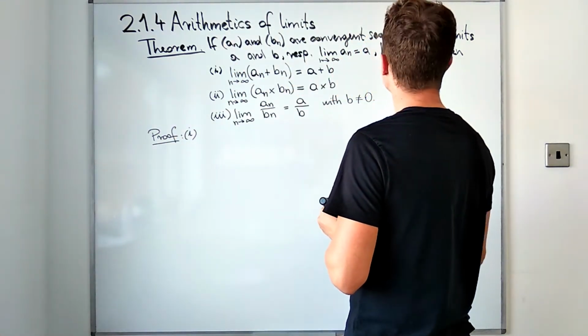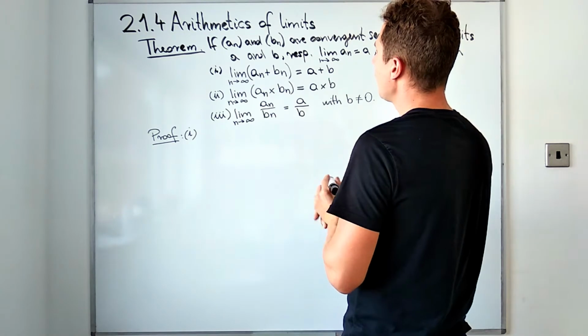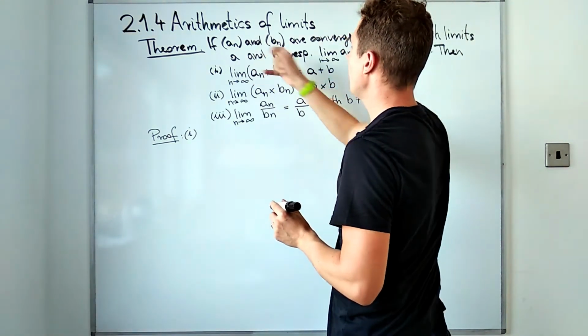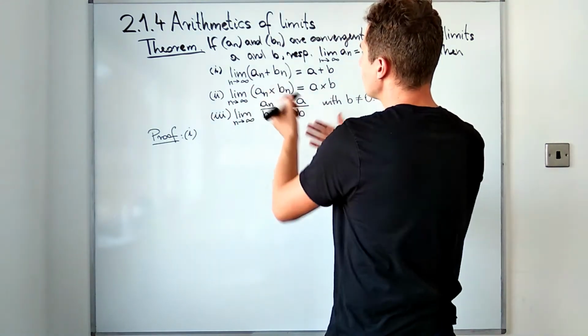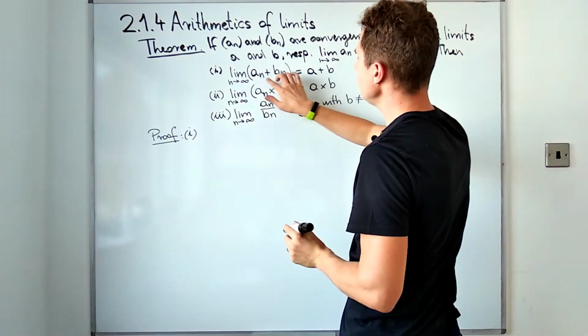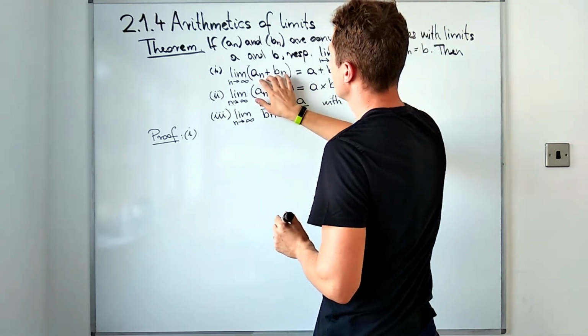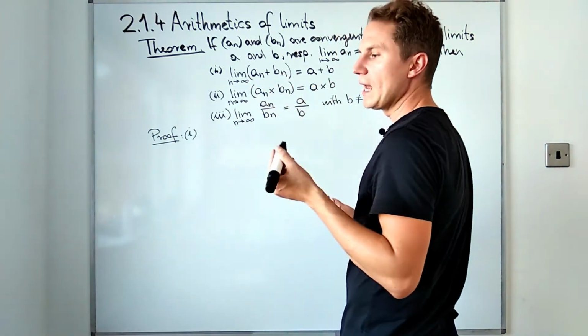So what we know is that both an and bn are convergent with limits a and b respectively. So we want to have a look at the distance of this general term in this sum of sequences from a plus b.